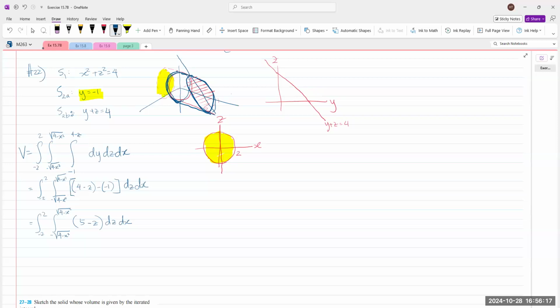Now you will see that this part actually becomes 0. It's an odd function with symmetric endpoints, so the z component will cancel later on, but let's do it anyway. This will be the integral from -2 to 2 of 5z minus 1/2 z squared, from negative square root of 4 minus x squared to square root of 4 minus x squared, dx.